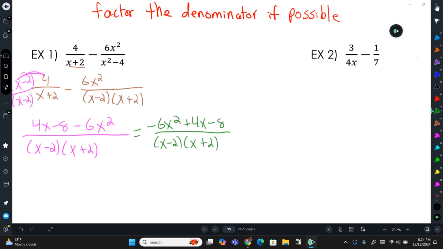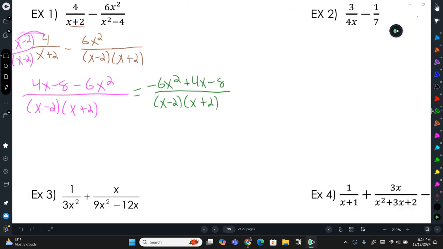And we're going to factor a GCF of negative 2 from the numerator. Factoring out negative 2 will leave us with positive 3x squared minus 2x plus 4 all over x minus 2 times x plus 2.